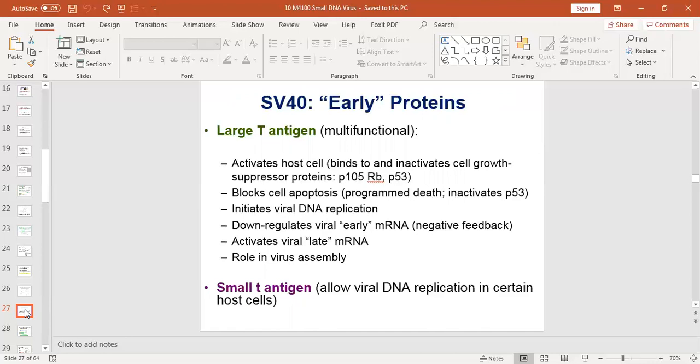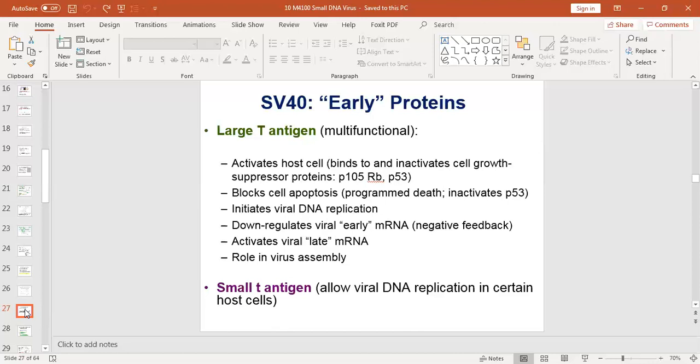The first thing large T antigen does is activate the host cell cycle, meaning that it binds to and inactivates the regulators of the host cell cycle.